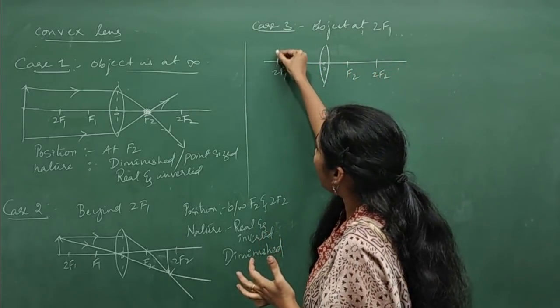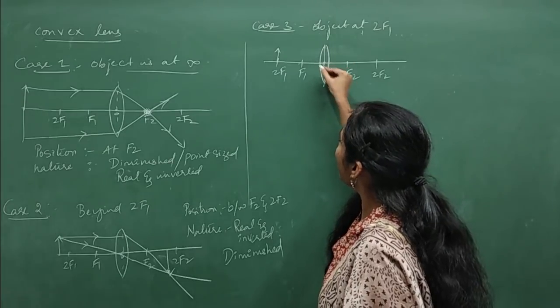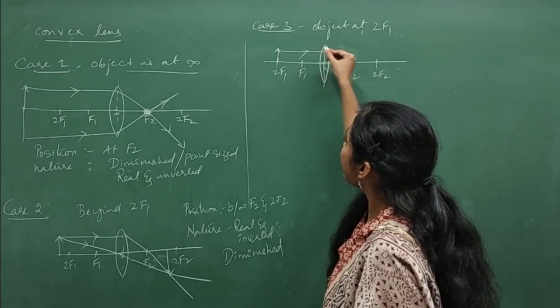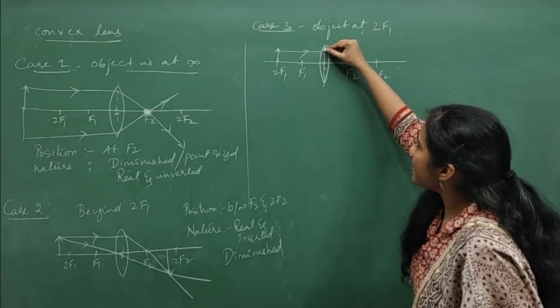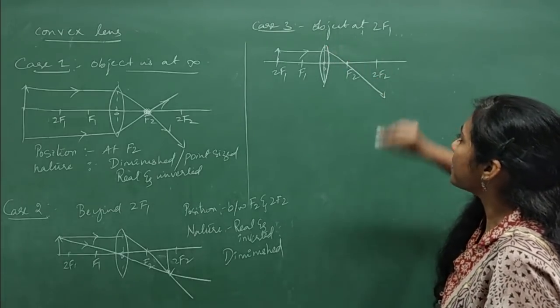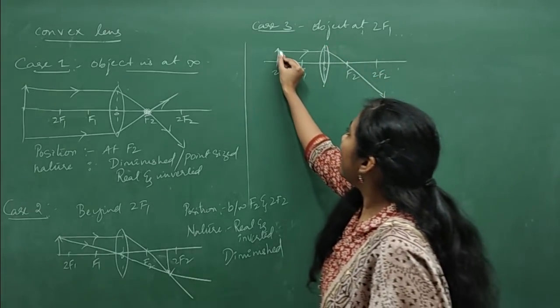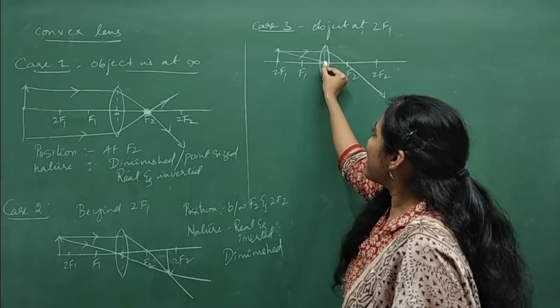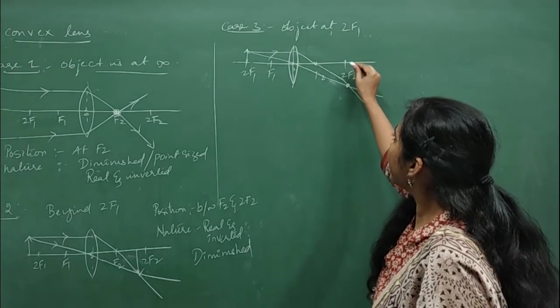So I am keeping my object exactly here. So what will I do? I'll take an incident ray parallel to the principal axis and it will pass through focus F2, and I'll take another ray passing through the optic center, and they are meeting here.